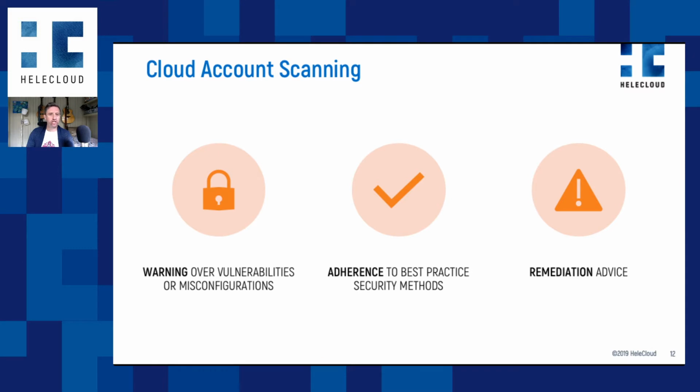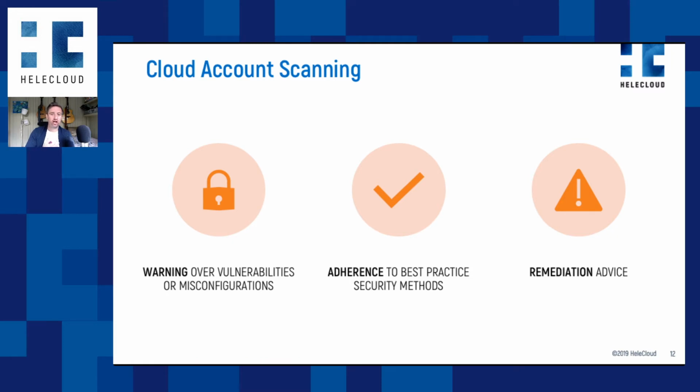What we're doing largely with cloud scanning is looking for warnings over vulnerabilities or misconfigurations. We're looking for adherence to best practices, especially with security methods, and we're looking for some level of remediation advice. One of the difficulties with remediation advice is that your specific needs may be slightly unique to you. We deal with a world where we're making a lot of generic solutions, but the actual remediation may be specific.